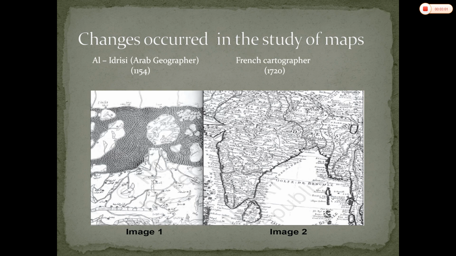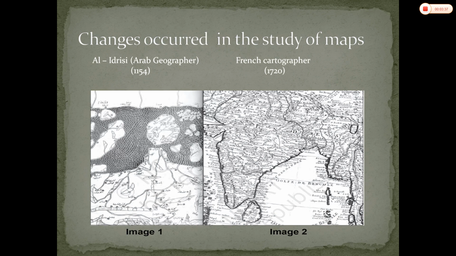So from the 12th century to the 18th century, whatever developments occurred, with the help of those developments map making became so strong, and you can see the difference very well. In image one, you cannot identify where India actually is, but in image two, you can identify clearly where southern India is, where Sri Lanka is, where northern India is. All these things you can very easily understand.